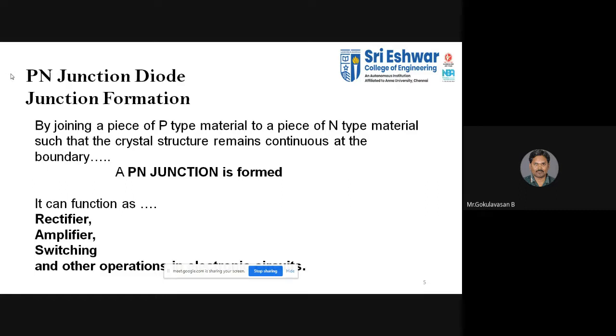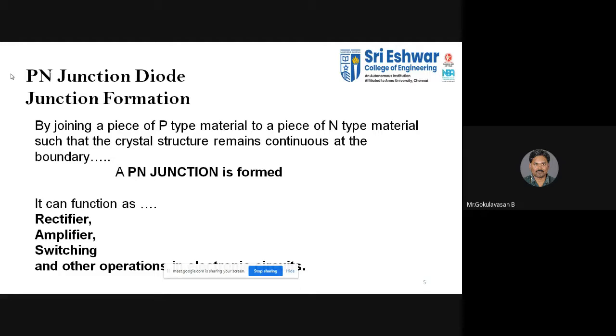You might have done this already in your second semester in a paper named semiconductor physics, and this diode is actually a very basic thing, which you might have learned from your 12th standard physics paper. So first of all, what is a junction? How is a junction formed? That is the primary thing required.